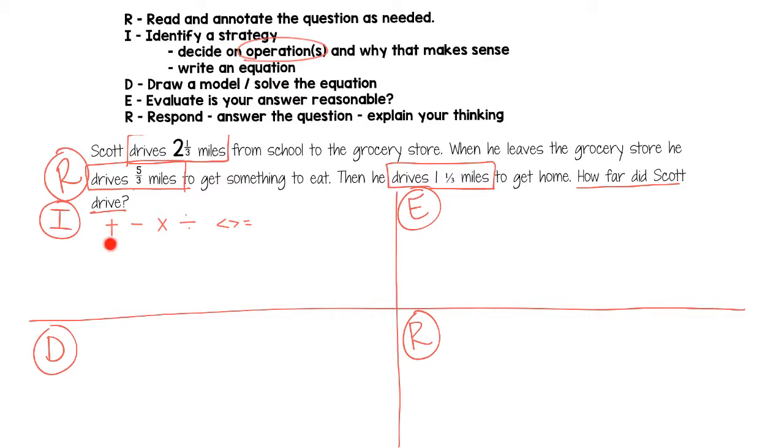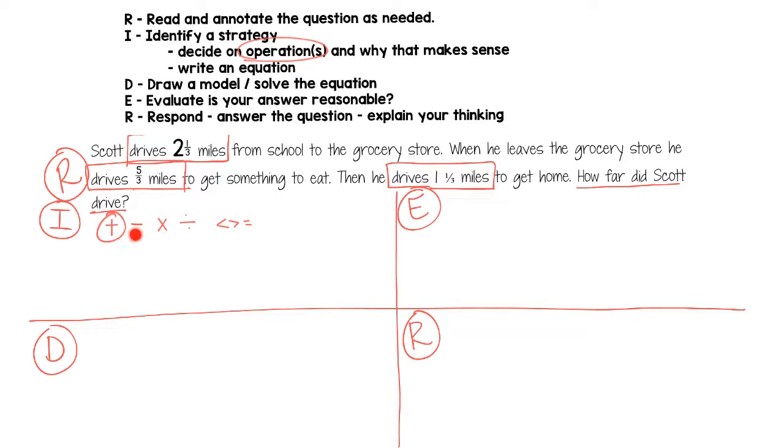Are we putting together all of the numbers, or are we putting together some of the numbers? Are we saying this amount, and then he drove this amount, and then he drove this amount, will that tell us how far Scott drove? Yeah, it will. So we know that we're going to add.